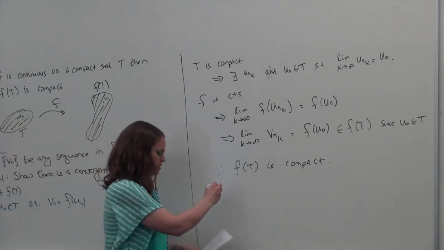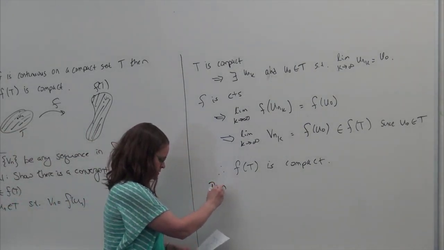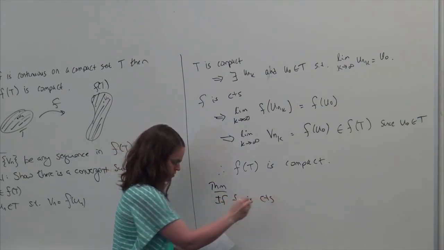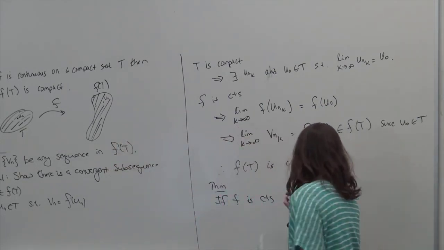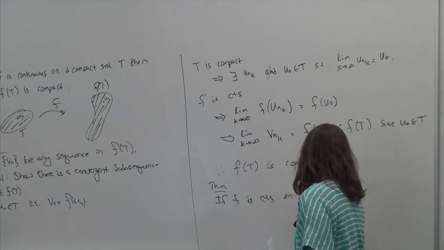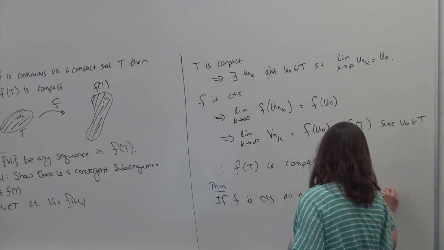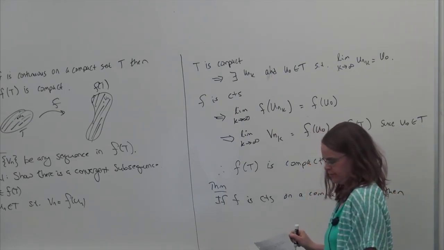It's also true that if f is continuous on a compact set, then it is uniformly continuous.